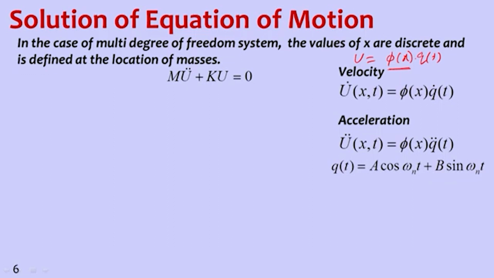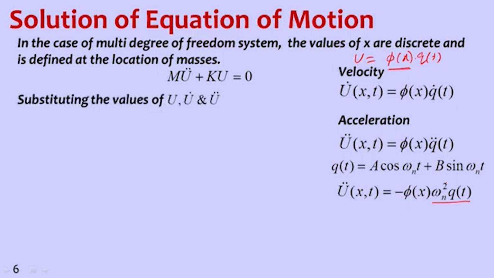Now if we double differentiate this, we get q double dot equal to minus omega n square a cos omega n t minus omega n square b sin omega n t. That means we get minus omega n square q. So that is what is written here. That means u double dot of t is equal to minus phi of x omega n square q of t.